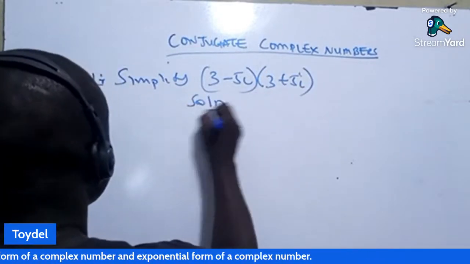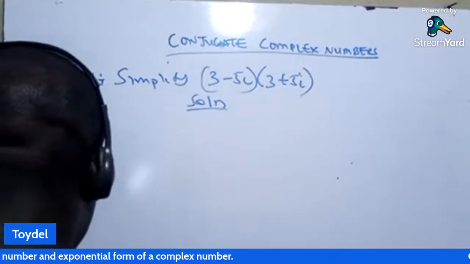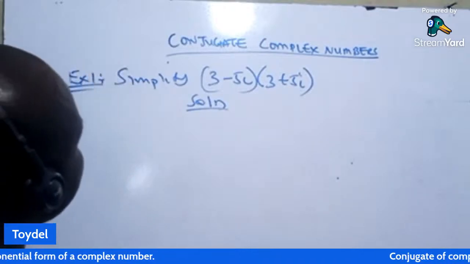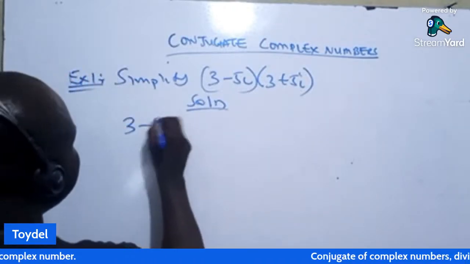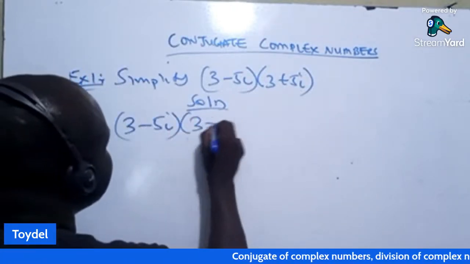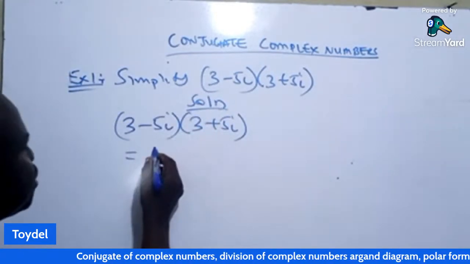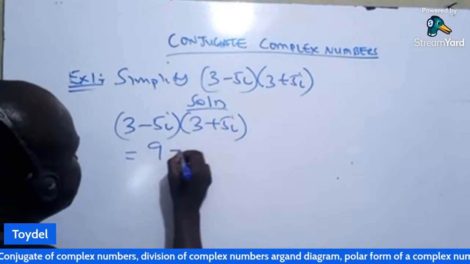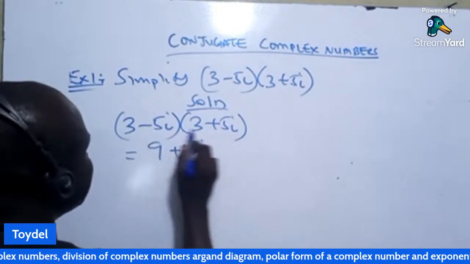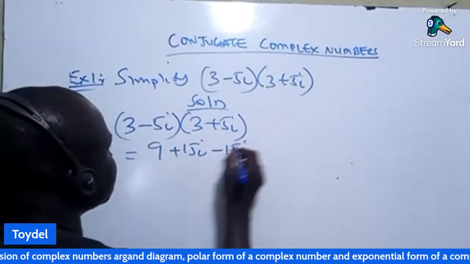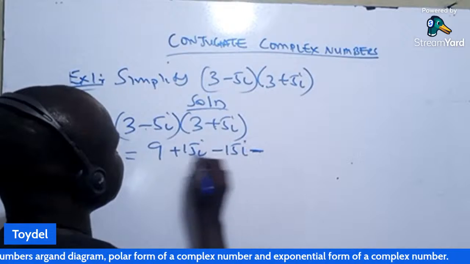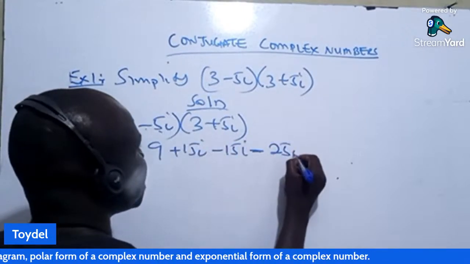If you have what you have on the board, if you have to simplify this, what do you get? You have 3 minus 5i multiplied by 3 plus 5i. So if we expand this now, 3 times 3 will be 9, 3 times 5 will be 15i, minus 3 times 5 will be minus 15i, the minus times plus, minus 5 times 5 is 25i squared.